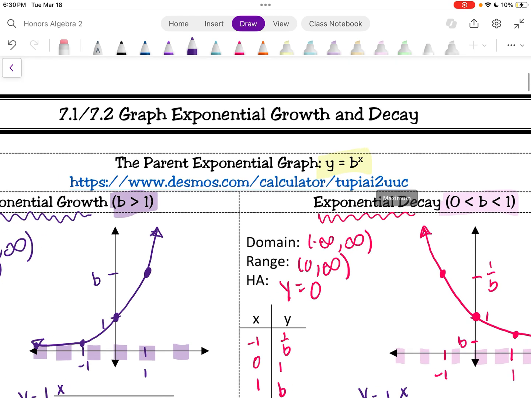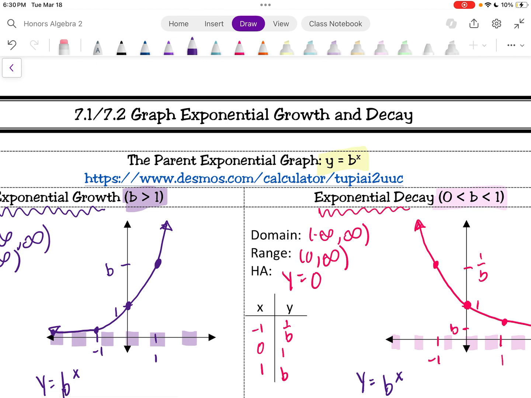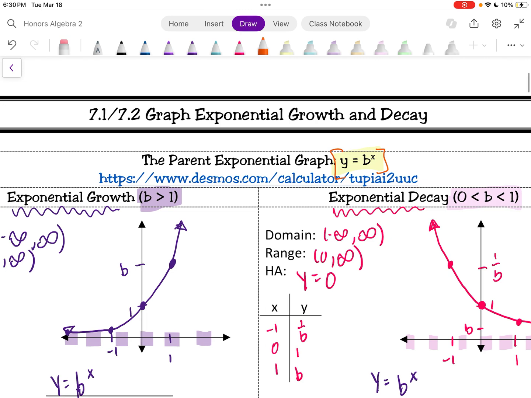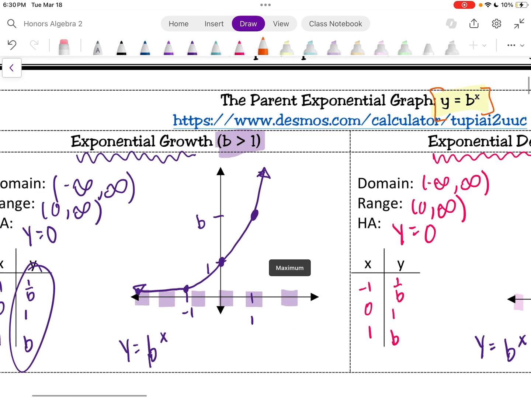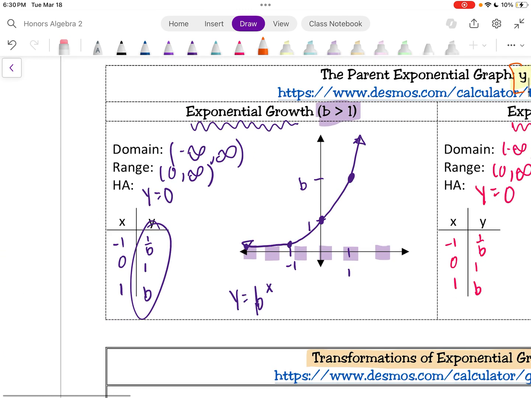Okay, so the exponential function for growth and decay is y equals b to the x power. Let's talk about growth first. Exponential growth is when b is greater than 1. Your domain is always all real numbers, and your range is from 0 to infinity.